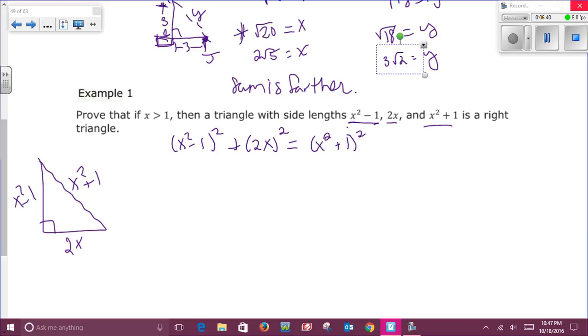Now, we have a couple different options here, and I'm going to show you two ways to do this problem. We can use the principles that we've been using with the difference of two perfect squares or conjugates and that kind of stuff.